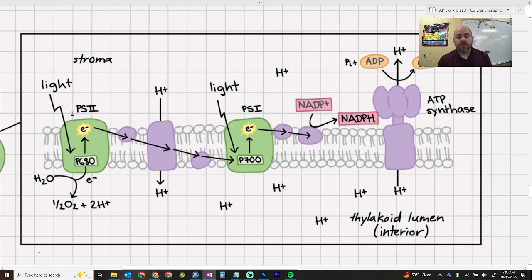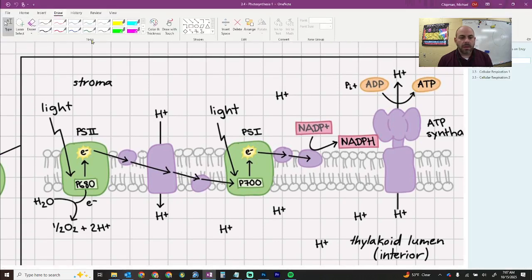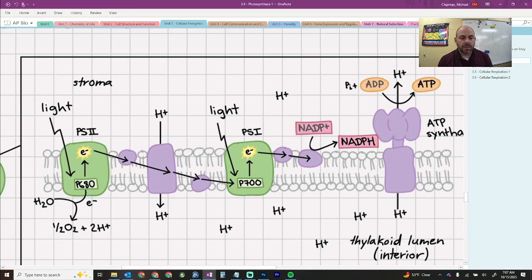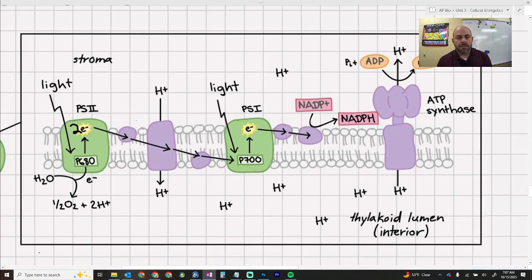When light is absorbed in photosystem 2, that magnesium, and in reality, what I'm going to want to do here is put a little 2 there just to help us remember this is 2 electrons.